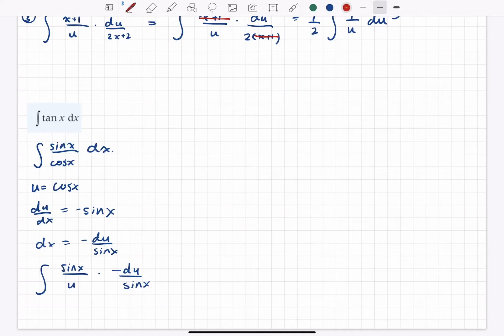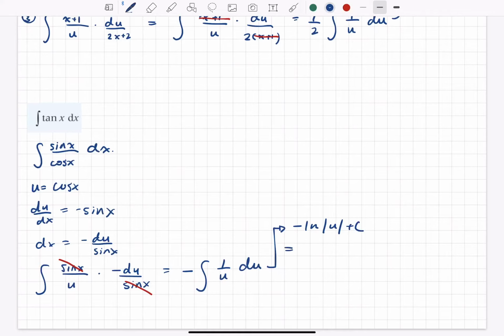When you look at that, the sine x's quite conveniently cancel out. So what we're now left with, if we factor this negative out, is 1 over u du. We already know that the integral of 1 over u is just the natural logarithm of u. So negative ln absolute u plus c.